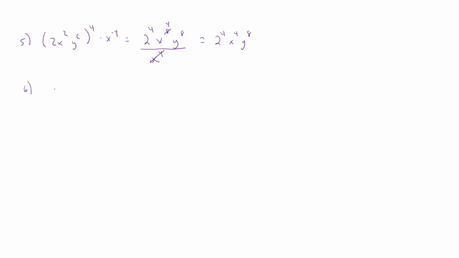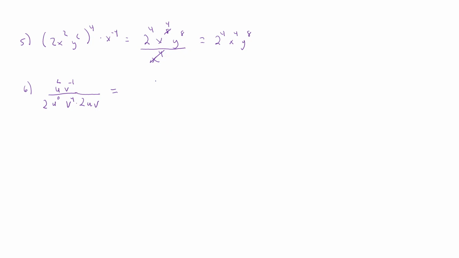Let's say we have u squared v to the negative 1 over 2 u to the 0 v to the 4 times 2uv. All right. So first thing I'm going to do is take that negative 1 and take it to the denominator, and then I'm going to simplify the denominator as we go.